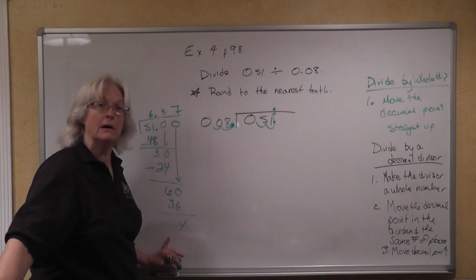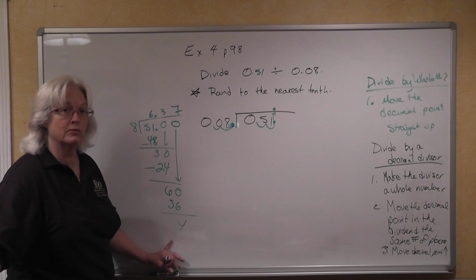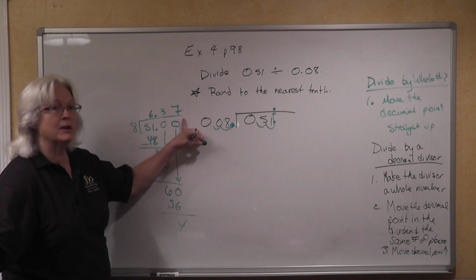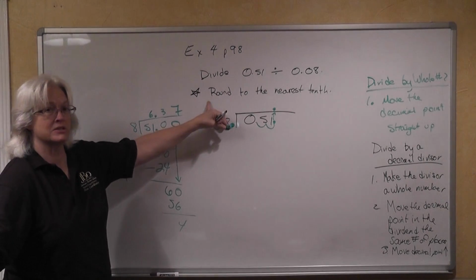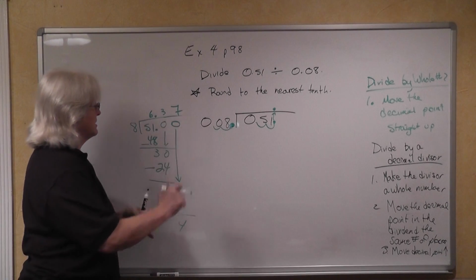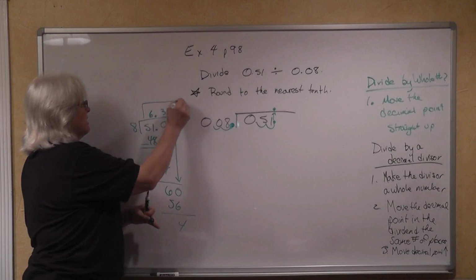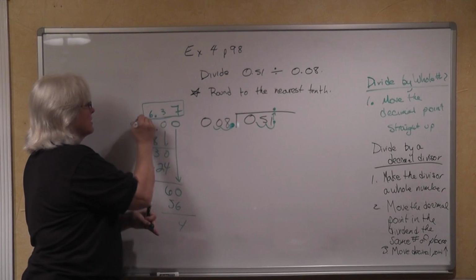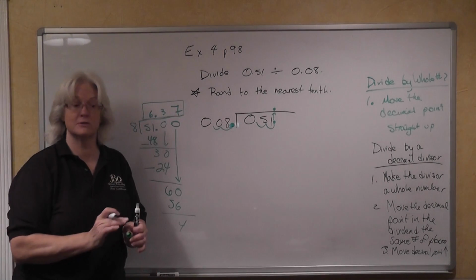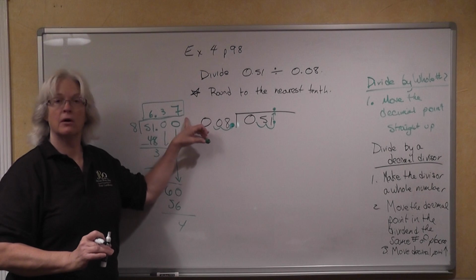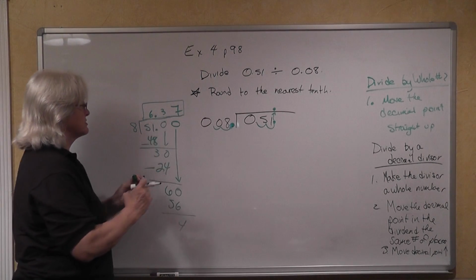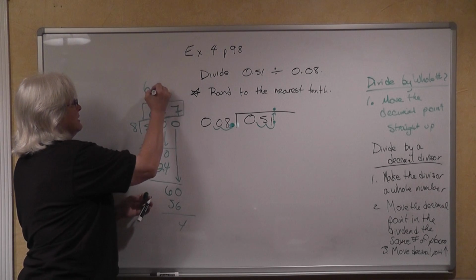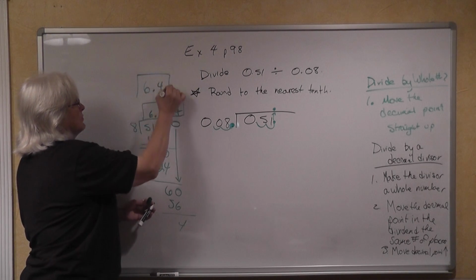So we're clearly not done with our division yet, but we're finished with our problem. And why is that? Because our problem asks us to round to the nearest tenth. We now have carried out our division far enough so that we have it solved to the nearest hundredth, so we can round our solution to approximately 6 4/10.